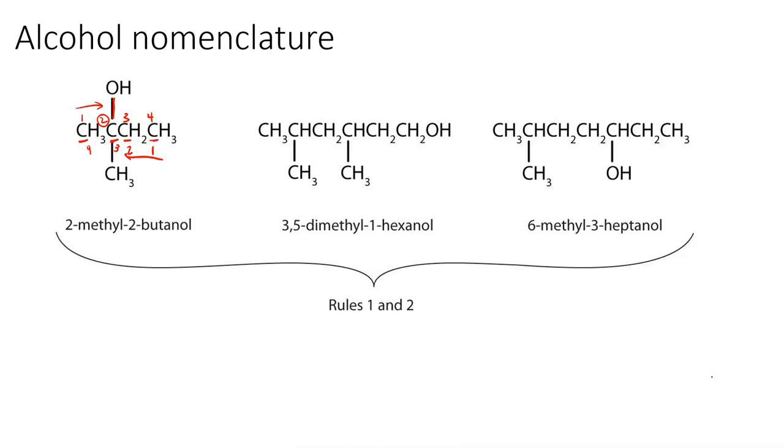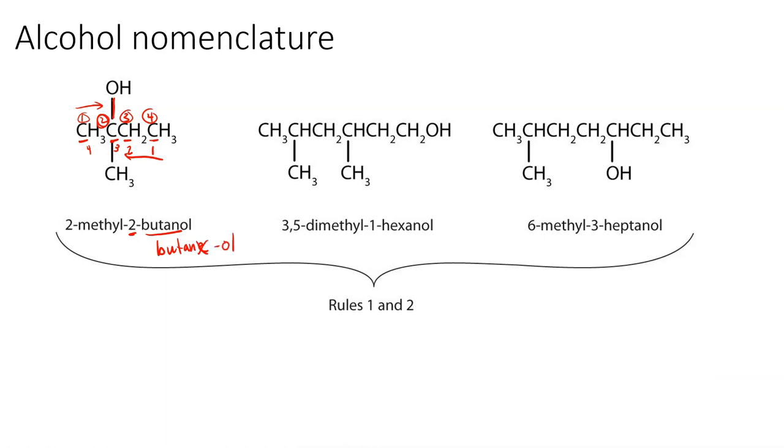Here, we have the methyl, ethyl, propyl, butyl, so that's a butane base group. The alcohol is on the 2 carbon, so it's the 2-butane. We take off the E ending and add an OL ending.